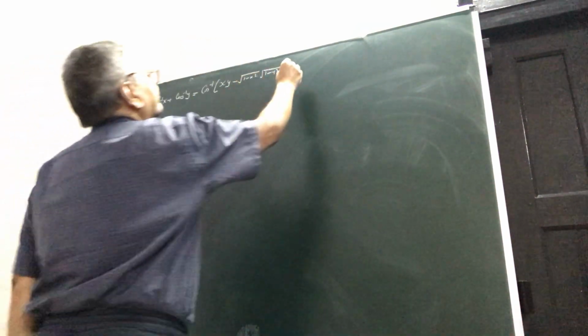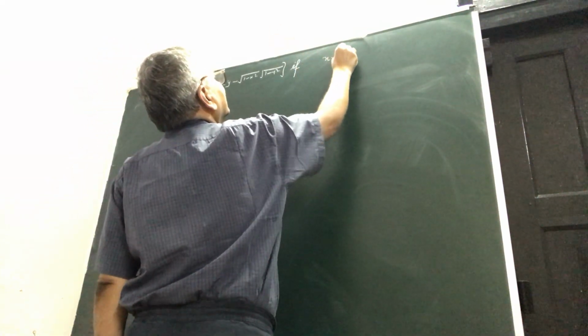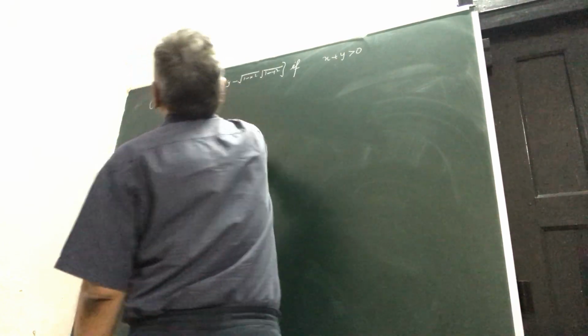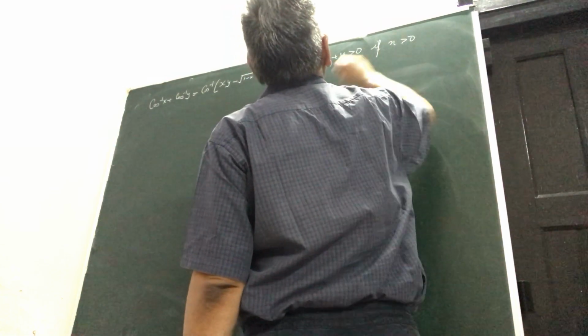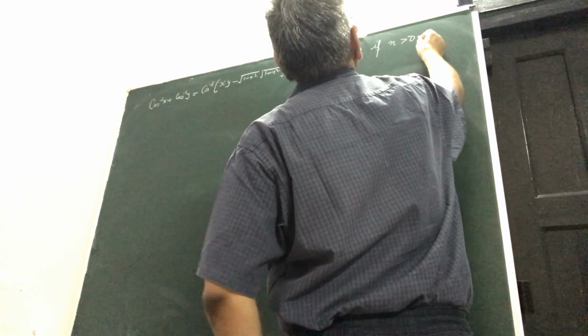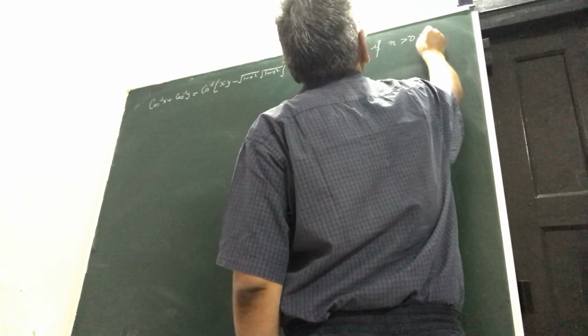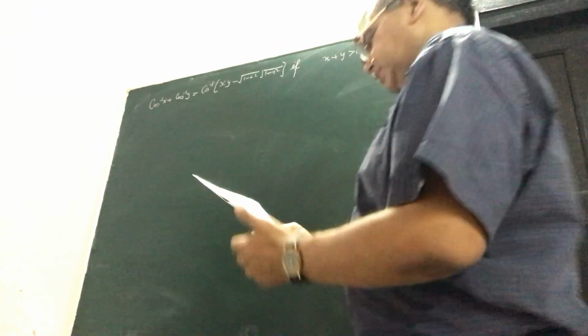That's all, if x plus y is greater than 0. Of course here, x and y, what are they? If x is greater than 0 and y is also greater than 0, let me check if it is both.